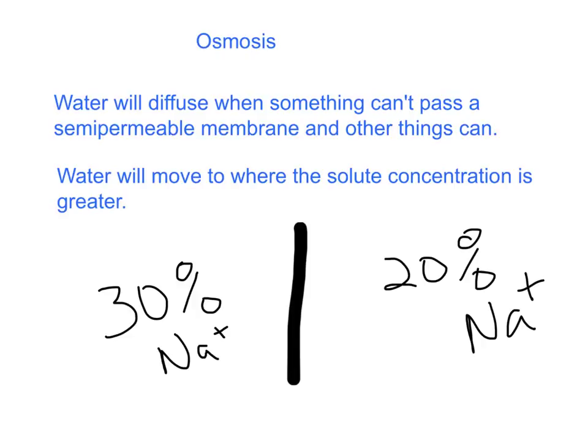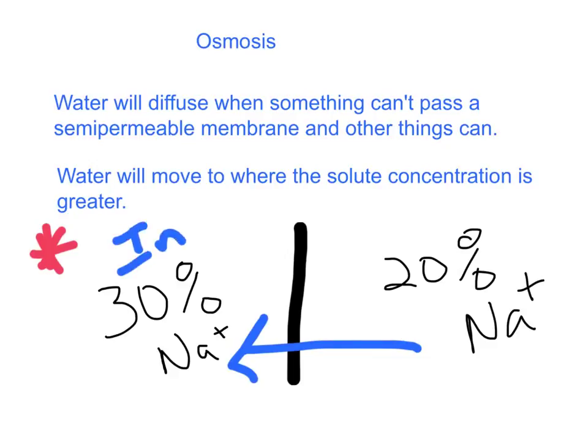And if we take a look at where the solute concentration is highest, that's over here. Therefore, water's going to move in that direction. If this were a cell, the cell would swell up. If this was inside and this was out, then the cell would swell up, because the water is moving to the area where there's a higher concentration and it's going to fill it up.